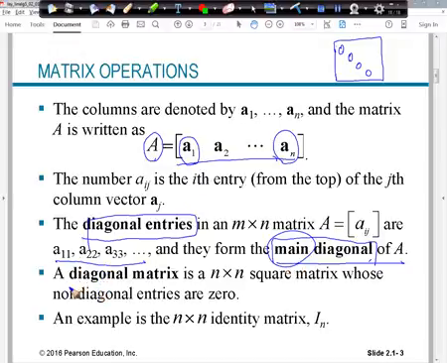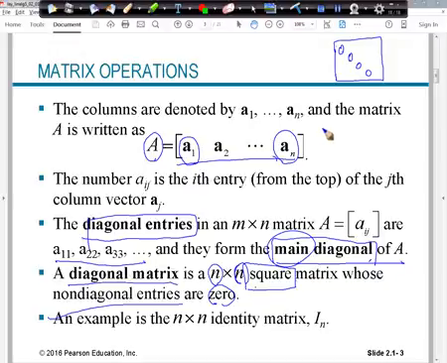Then this diagonal matrix. This is a square matrix, which has the same number of rows and columns. And this diagonal matrix should have all 0s for the non-diagonal parts.